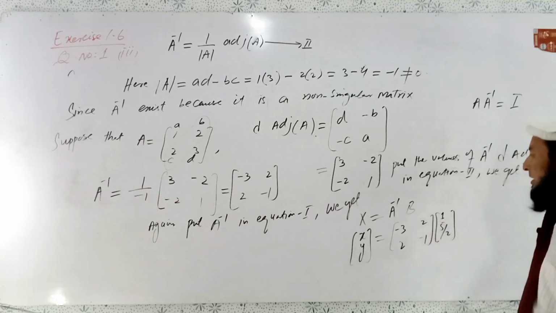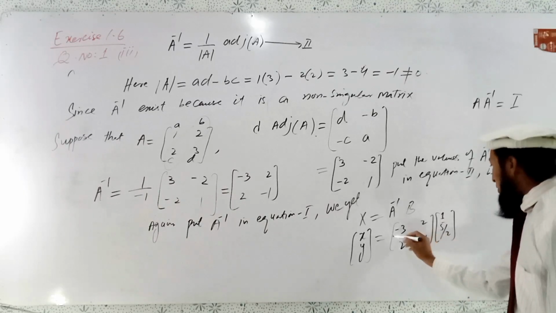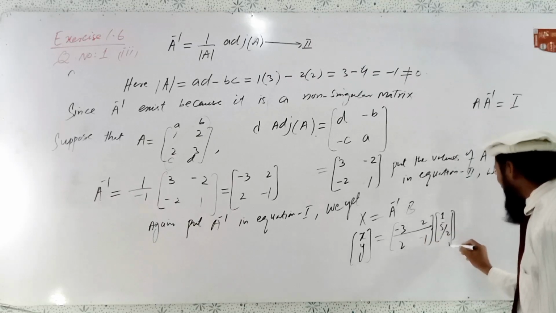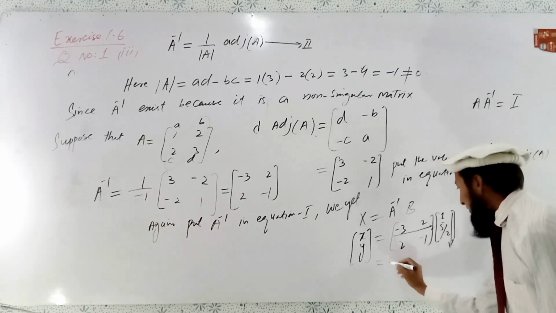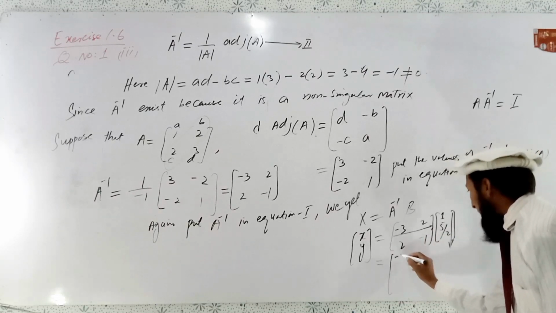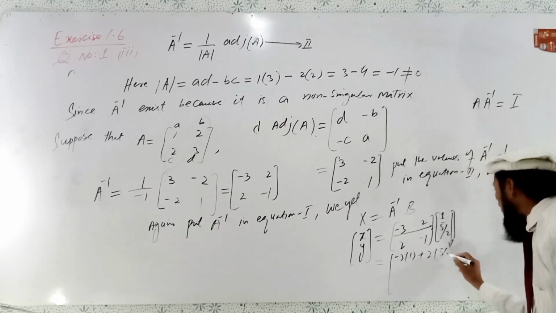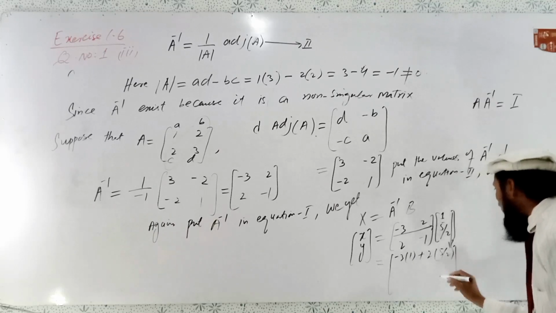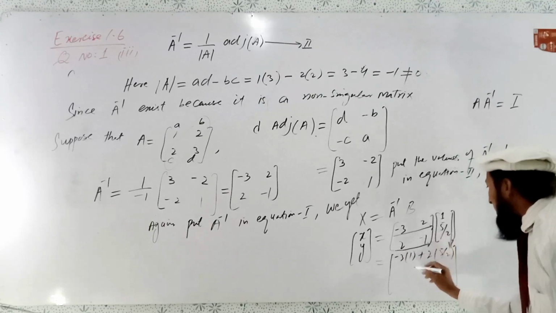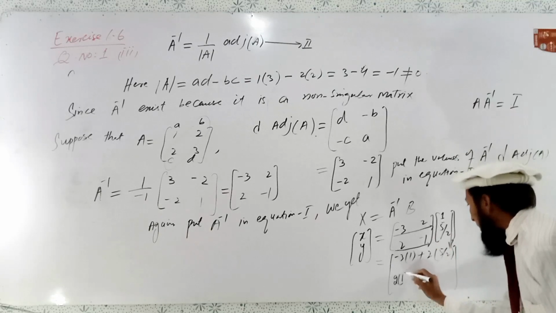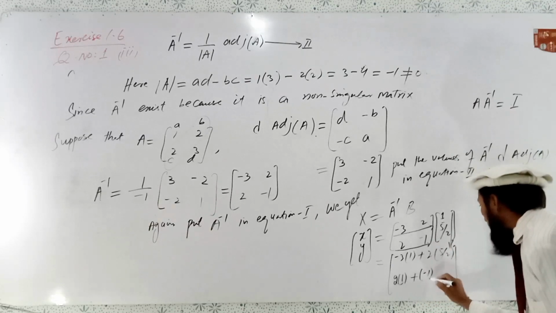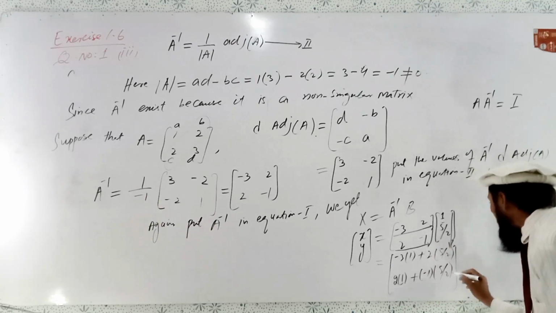Now according to the multiplication rule, first row and first column: we multiply minus 3 by 1, plus 2 multiplied by 5 over 2. Similarly for the second row: 2 multiplied by 1 plus minus 1 multiplied by 5 over 2.